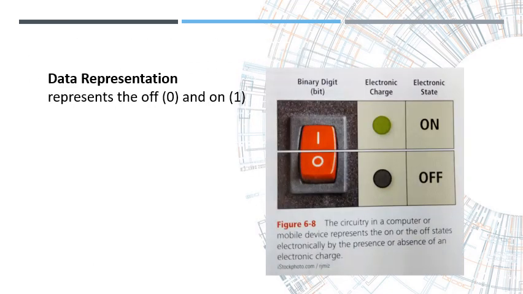If you look here, this is an example of how to represent off and on. Let's say this is a circuit in a computer, which represents the on or off state in the computer or mobile device by the presence or absence of an electronic charge.